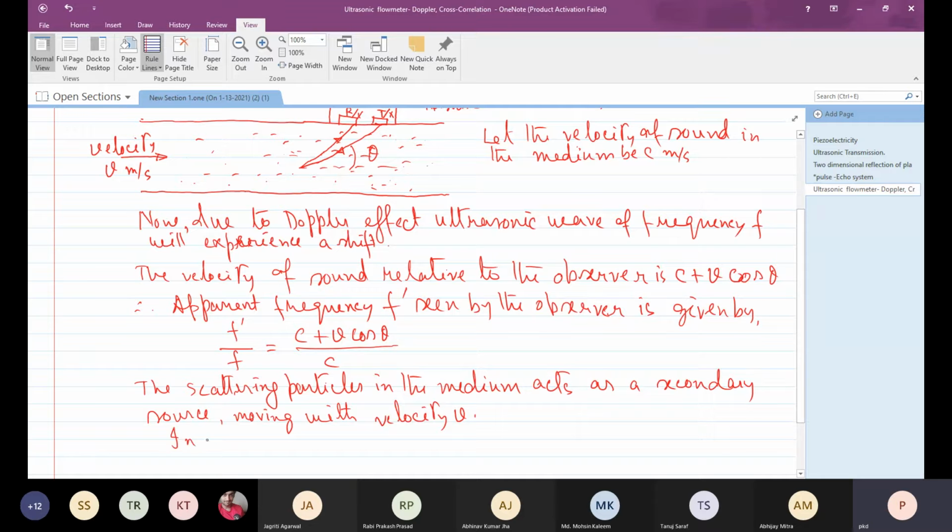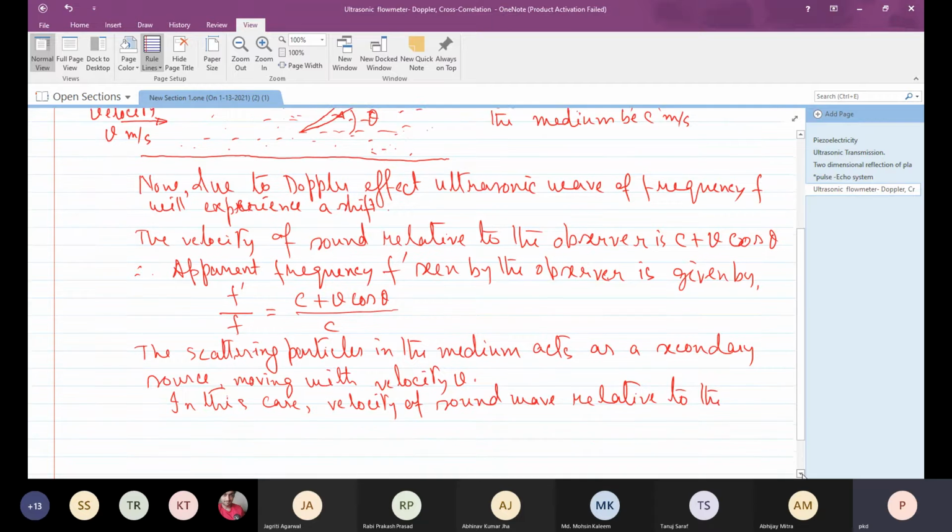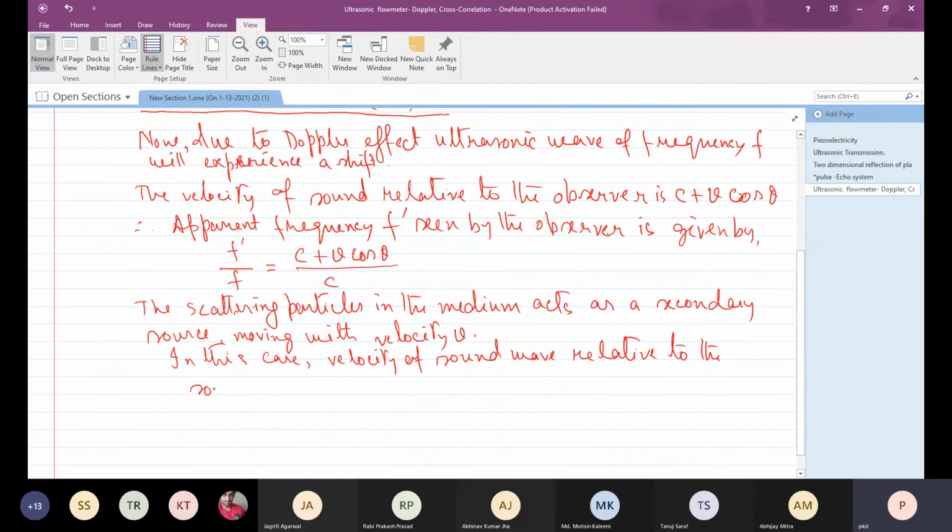In this case, the velocity of the sound wave relative to the source is c minus v cos theta.